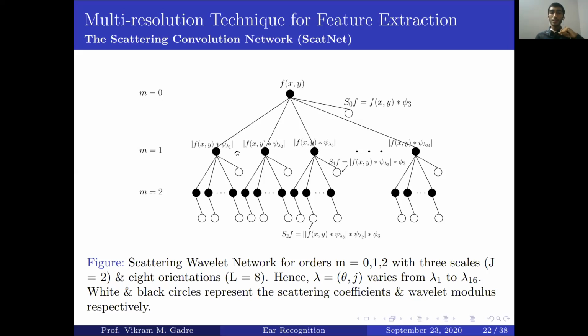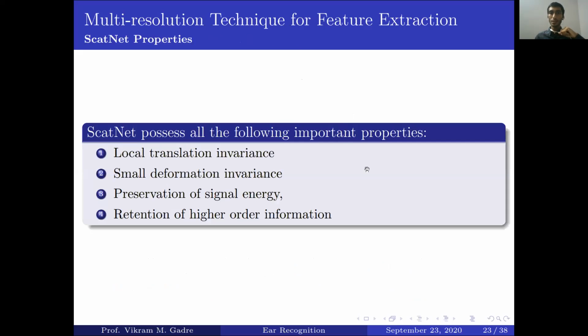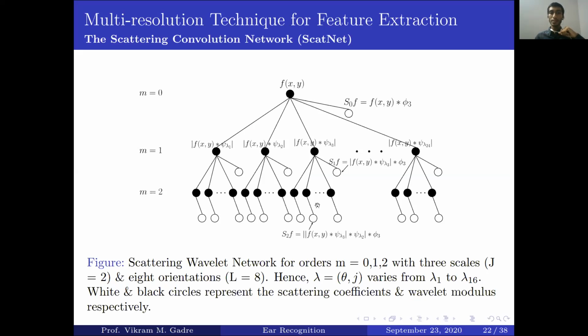If we convolve again, as we can see here, we get second layer information. This is how the scattering wavelet network is constructed, and we use it to extract features of ear images. As I mentioned earlier, this can be used for other biometrics as well, but we will use it for ear in this context.